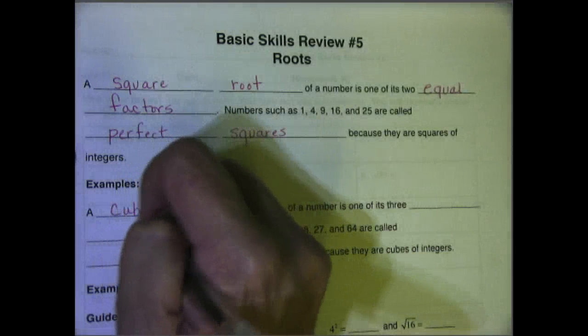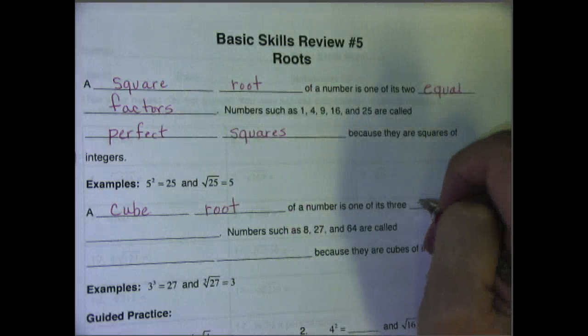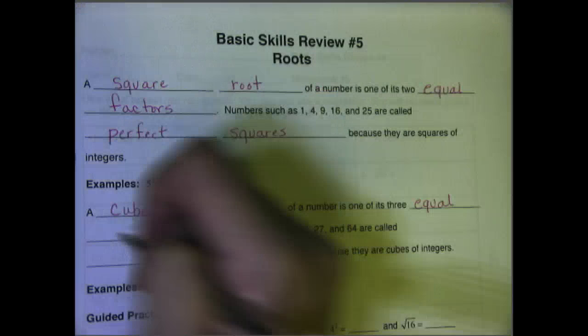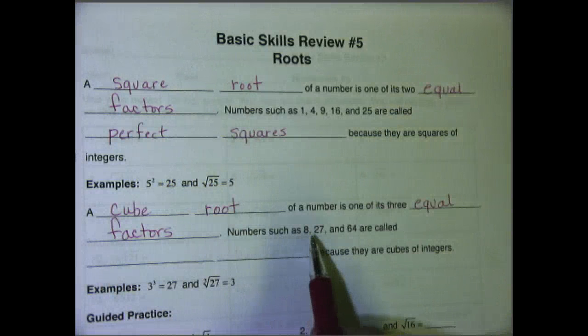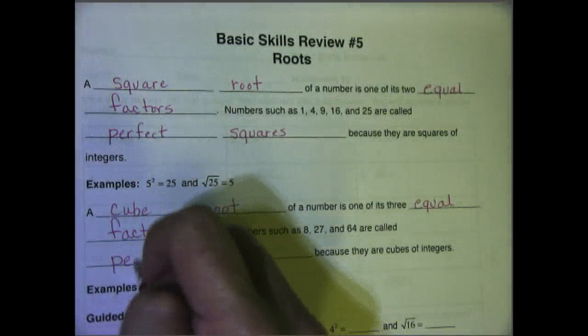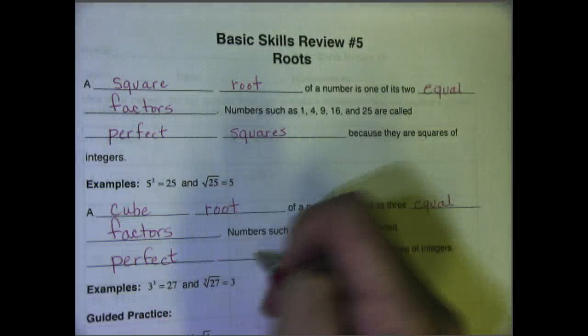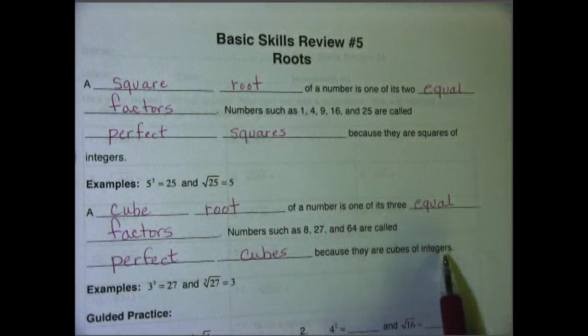A cube root of a number is one of its three equal factors. Numbers such as 8, 27, and 64 are called perfect cubes because they are cubes of integers.